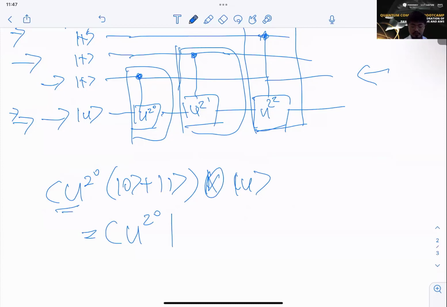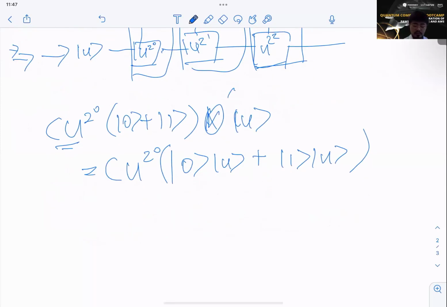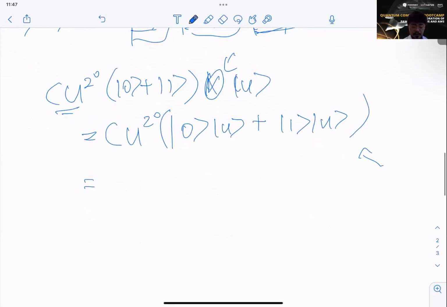So I'm just going to put C on that: 0 U plus 1 U. Note that I'm omitting the tensor product in this part over here. It's still there, I'm just lazy to write it.